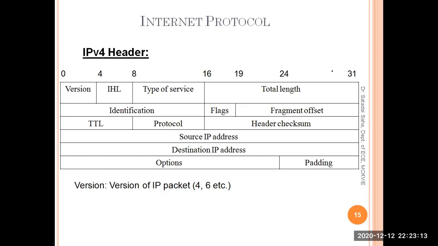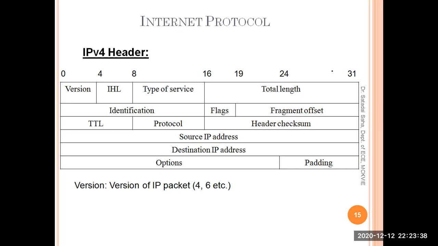These fields are version, IHL, type of service, total length, identification, flags, fragment offset, TTL, protocol, header checksum, source IP address, destination IP address, and as well as there are different options and padding. So we'll learn each of these fields one after the other.